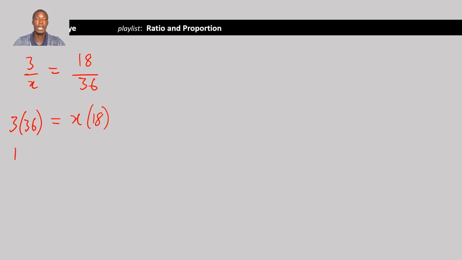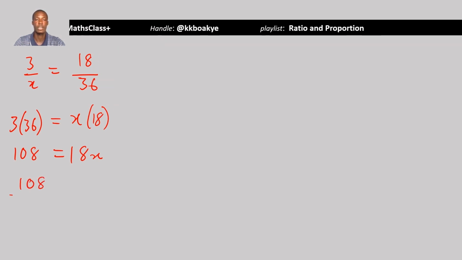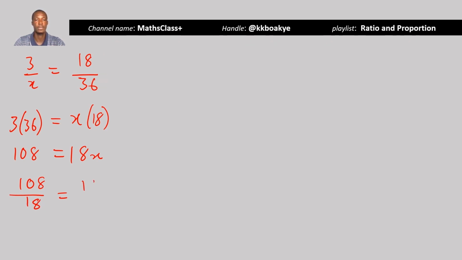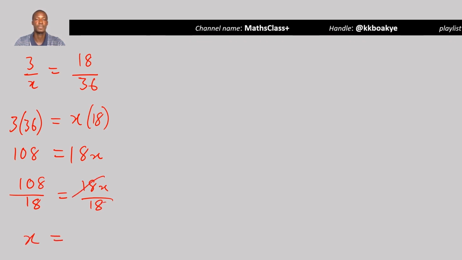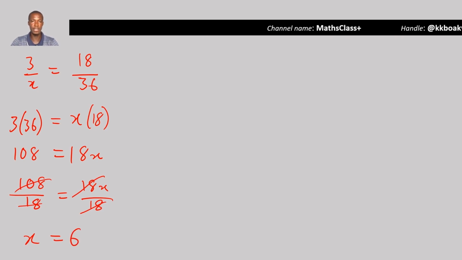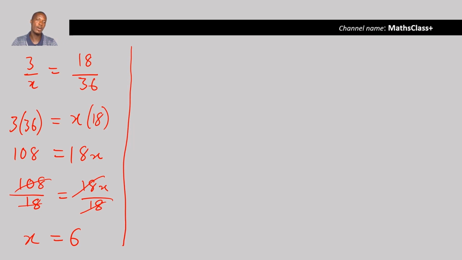That will give us 108 is equal to 18x. Now we divide through by 18 to get our x. 18 goes into 108 6 times. So our x is going to be 6. So this is how we find the value of x.